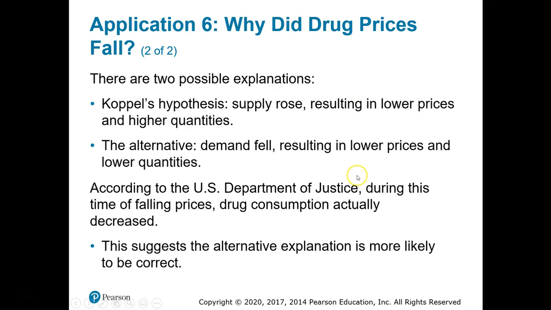There are two possible explanations. One, the hypothesis: supply rose, resulting in lower prices and higher quantities. Or the alternative: demand fell, nobody wanted to do drugs, resulting in lower prices and lower quantities. Go watch the news. According to the U.S. Department of Justice, during this time of falling prices, drug consumption actually decreased.